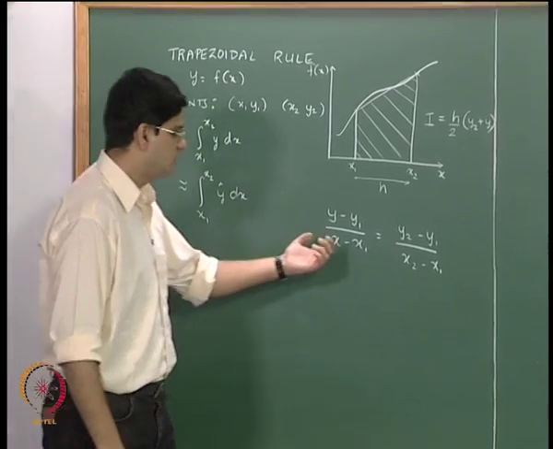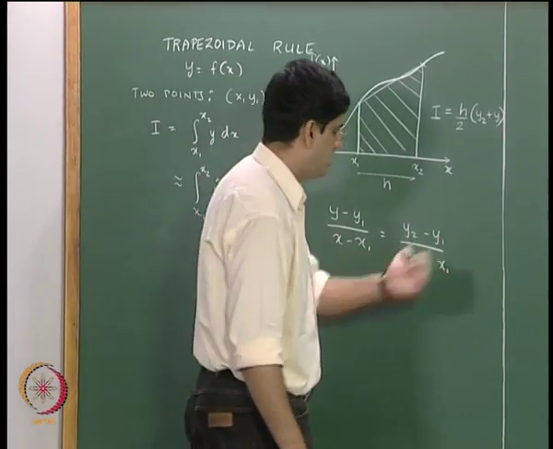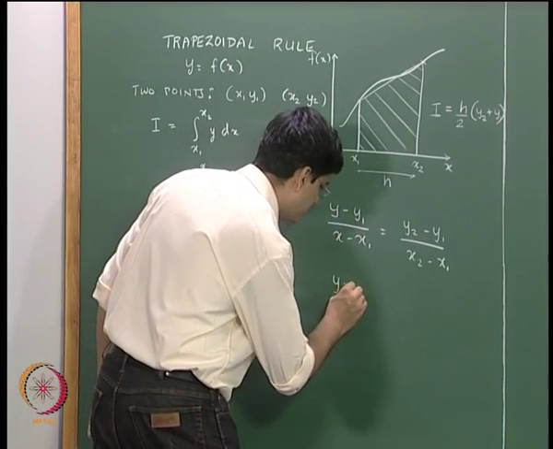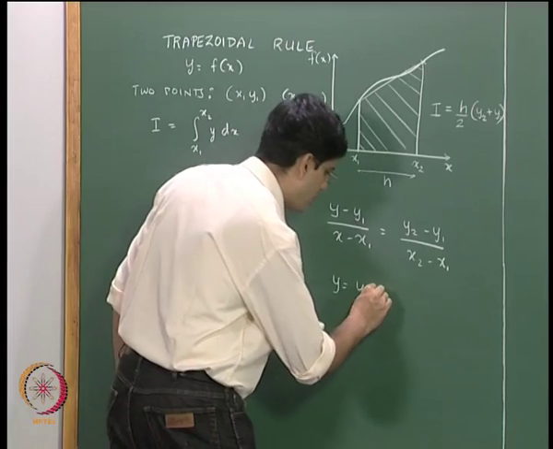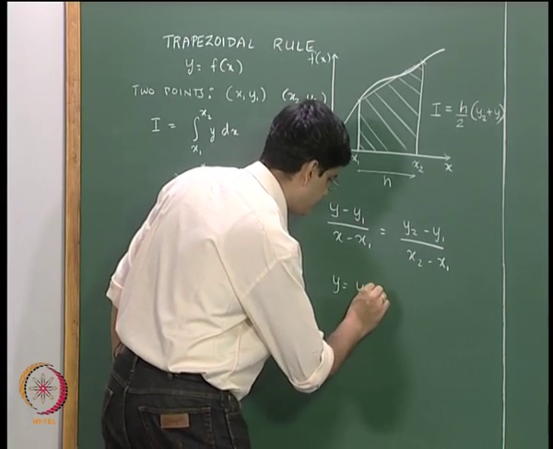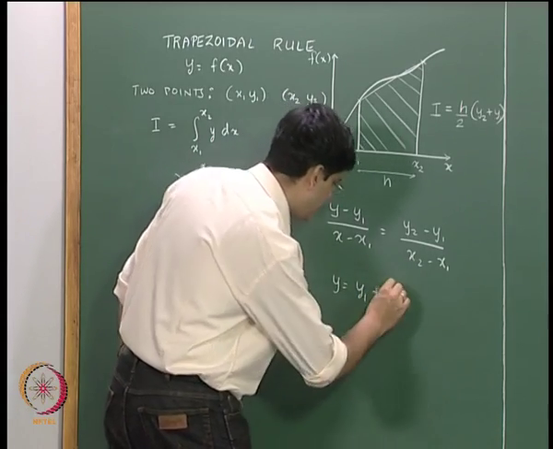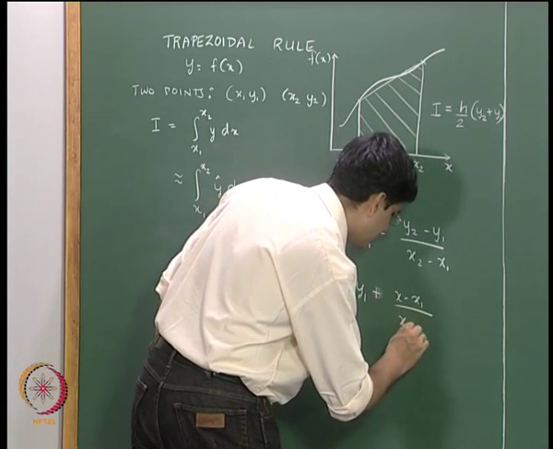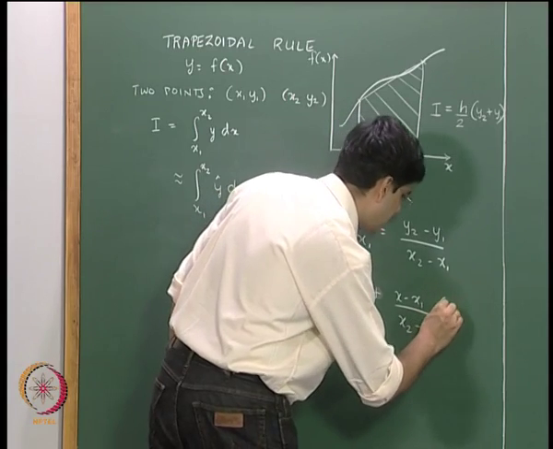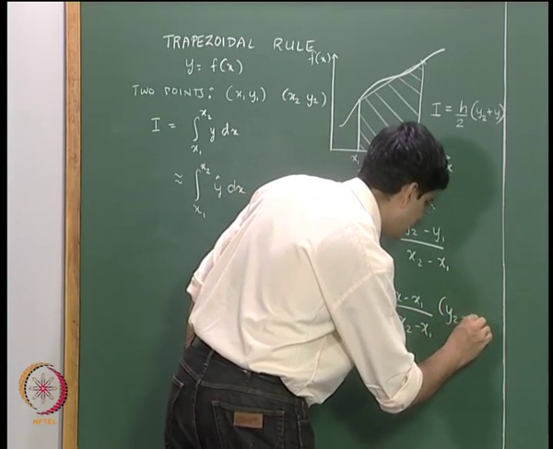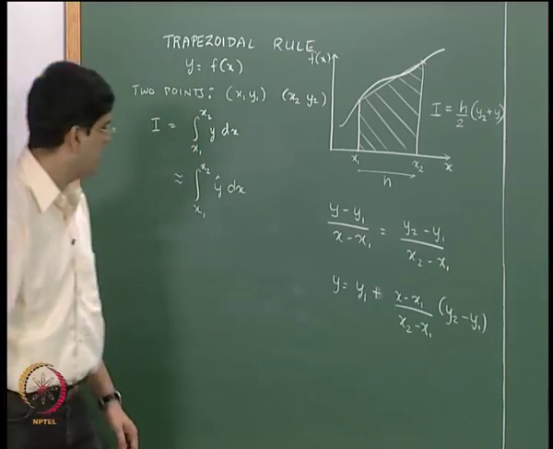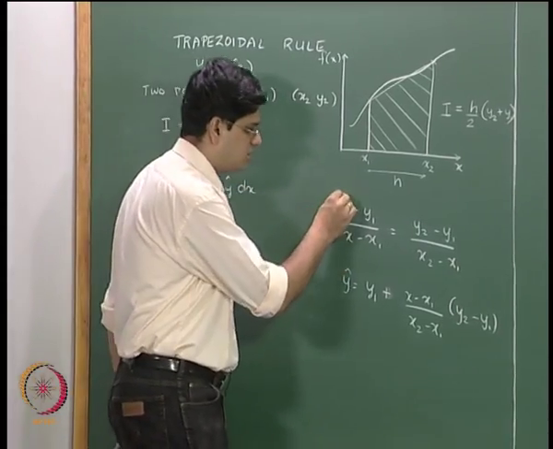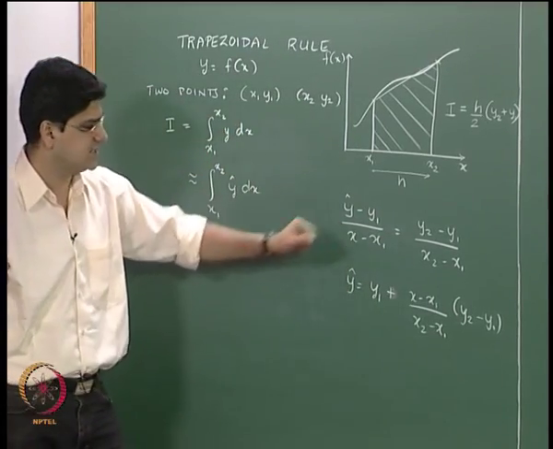Or in other words, we multiply throughout by x minus x1 and rearrange. We will be able to write y equal to y1 plus (x minus x1) divided by (x2 minus x1) multiplied by (y2 minus y1). Okay. And because we are representing this as y hat, I will just put the hat signs over here.